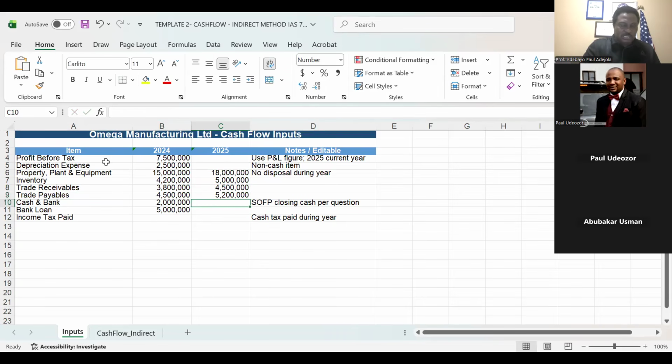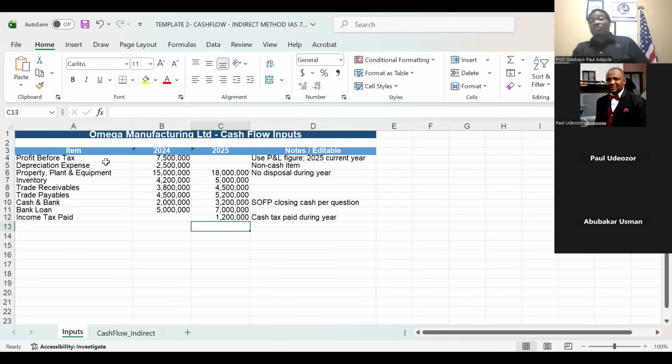Cash and bank at the beginning, 2 million. At the end of the year, 3,200,000. Then we have bank loan. At the end of the year, bank loan was 7 million from our question. Then see income tax paid, cash paid during the year, 1,200,000.